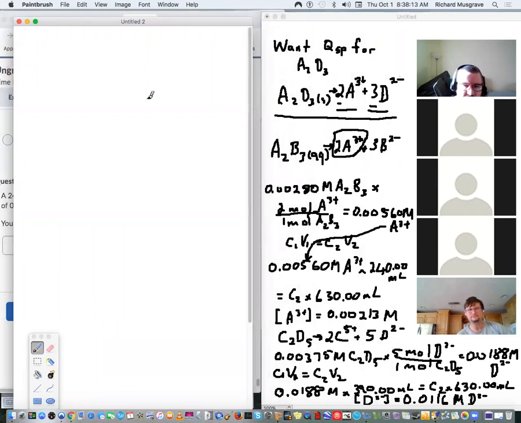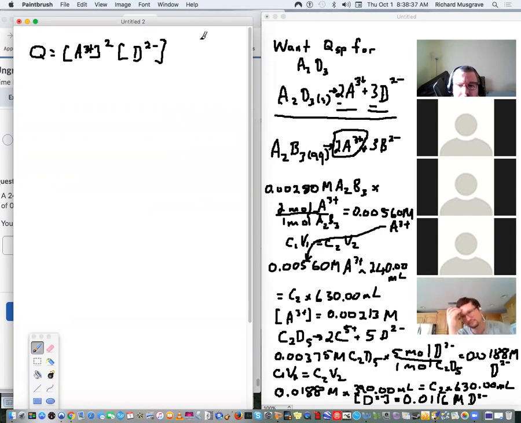So we're interested in A2D3, and the Q value there is going to be A3+ squared times D2− cubed. So we substitute our values that we got in there.